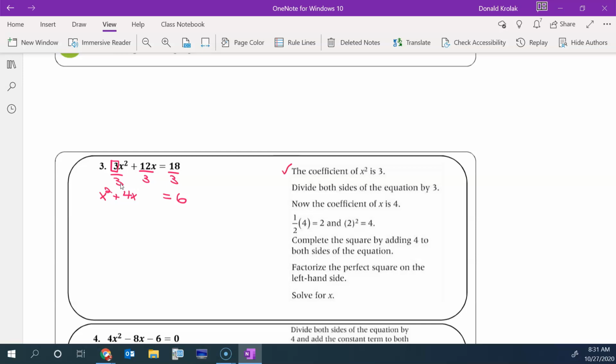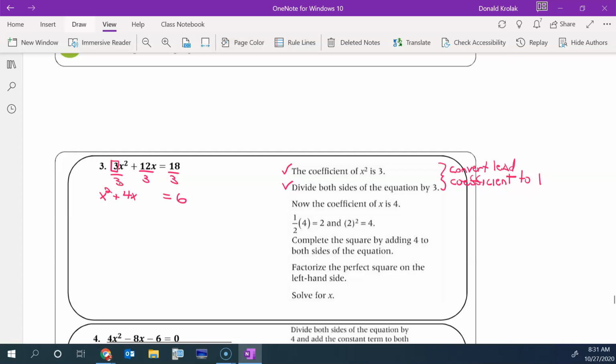All right, so that's how these two steps here are how we got the leading coefficient to 1. All right, and then it's the same process as yesterday.